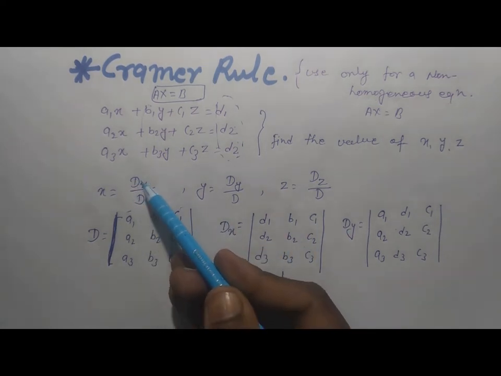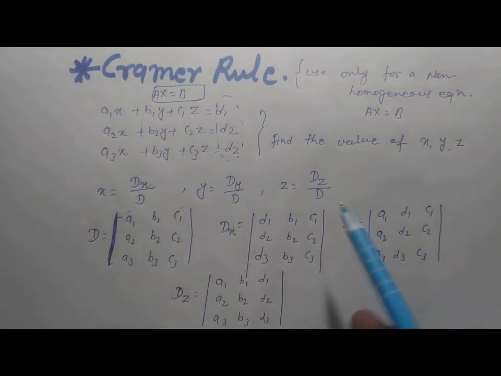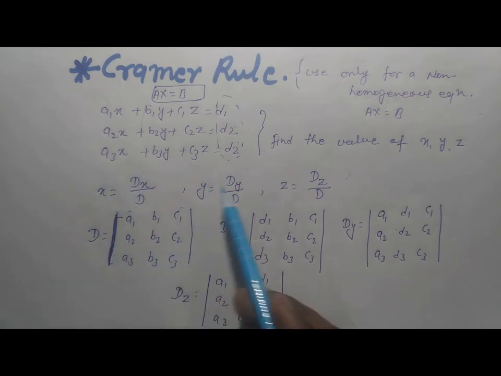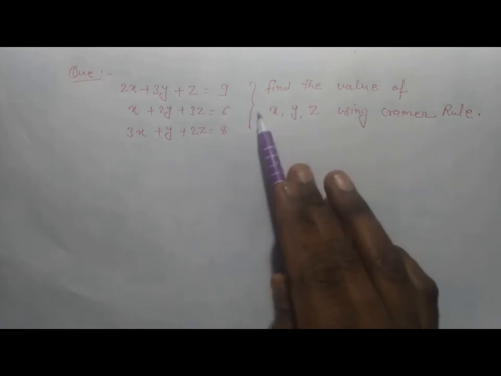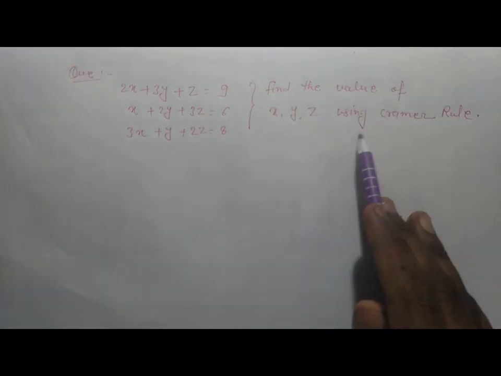If all the values are found, simply divide and find the values of x, y, z. Let's take one example and find the values of x, y, z using Cramer's rule.